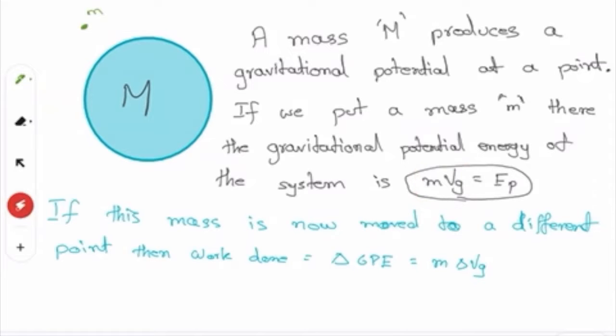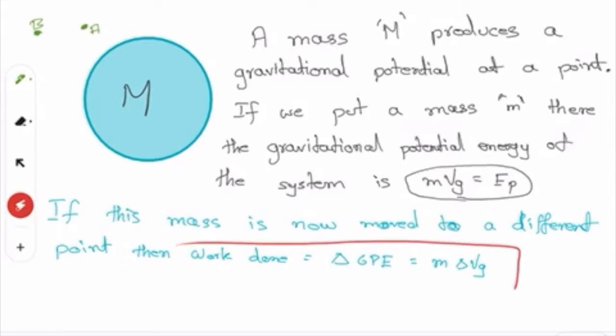Now, if this mass was moved to a different point, so if we took this as point A, but now we move this to point B, then the work done required to move that mass from A to B would be, like we saw earlier, the change in gravitational potential energy, or mass m times the change in gravitational potential given here.